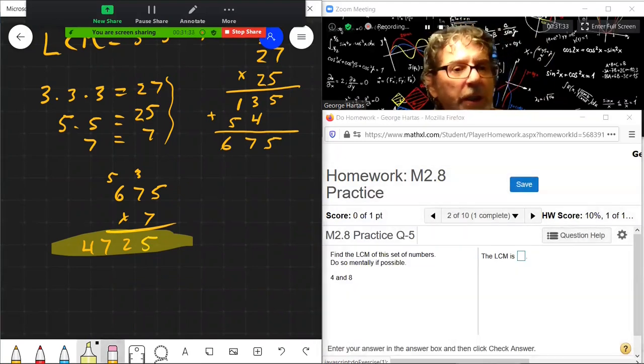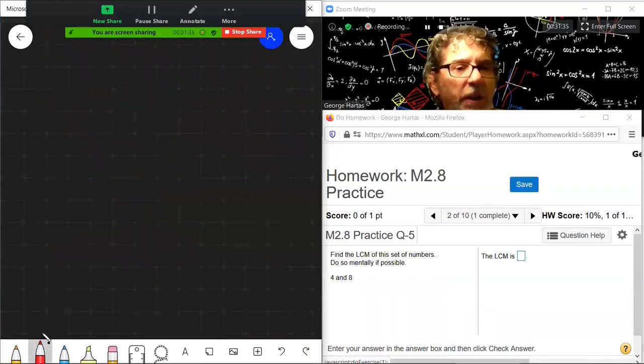I'm going to erase this. Find the LCM of this set of numbers. Do so mentally if possible. So yeah, there's a point to be made here because I think it's kind of obvious what the LCM is. As long as you remember big, LCM big, and always think, could it be the bigger of the two?